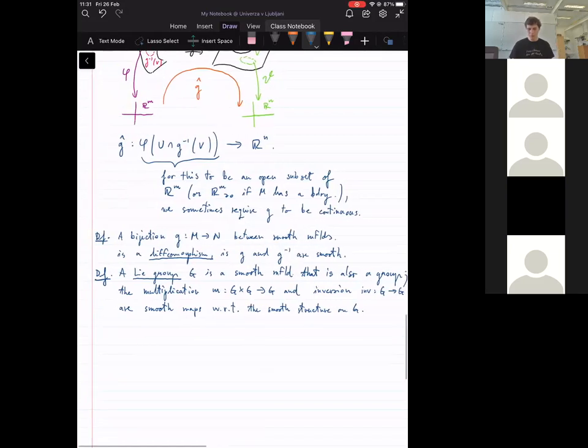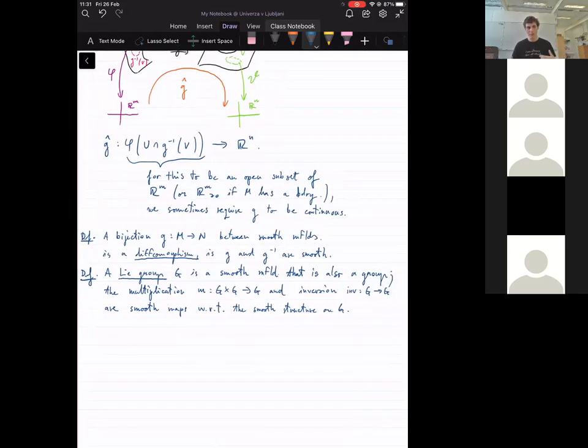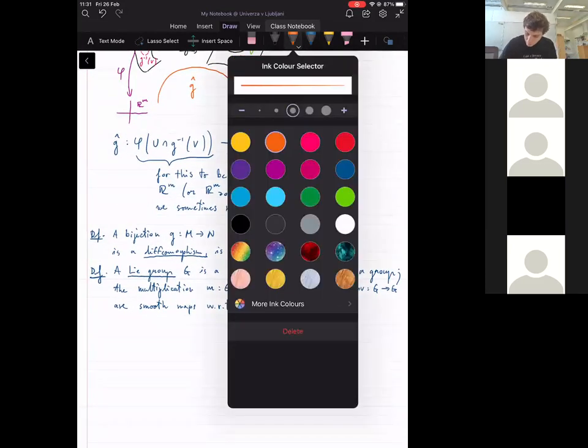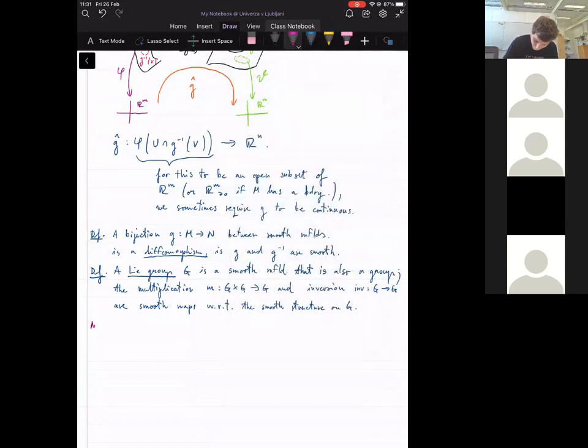Okay, so we've defined products, so we know what charts on products are. So now everything is well defined here, right? The notion of the multiplication map being smooth and the inversion map being smooth are well-defined concepts now. First of all, we're going to make a note here. Inversion has also an inverse.